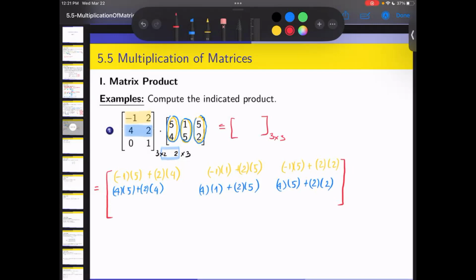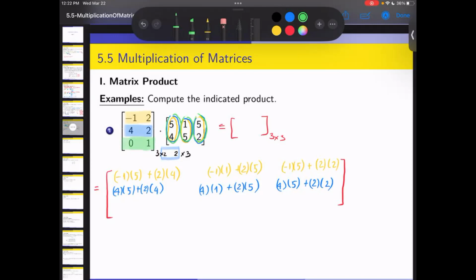I want you to do the last one. Same thing. I'll walk around and see how you do it. Same thing. So, row, column, row, column, row.